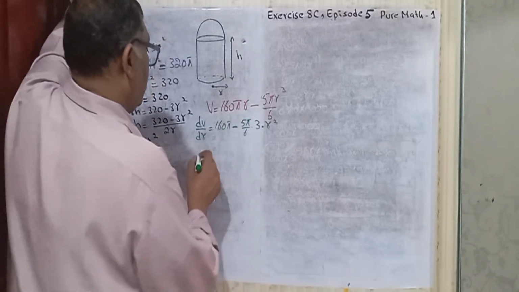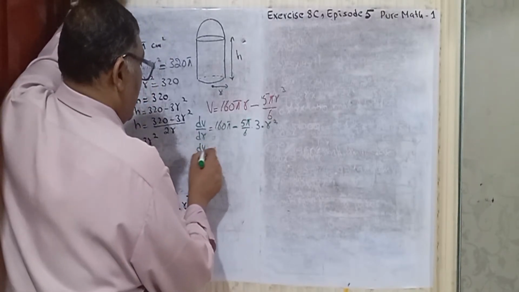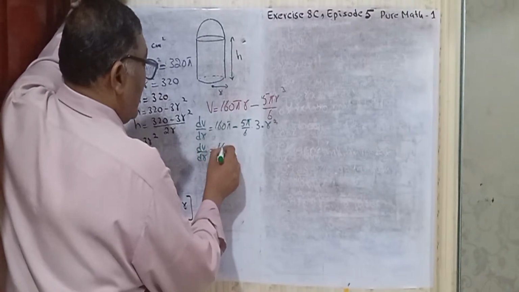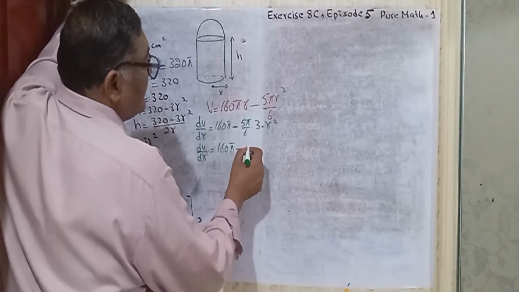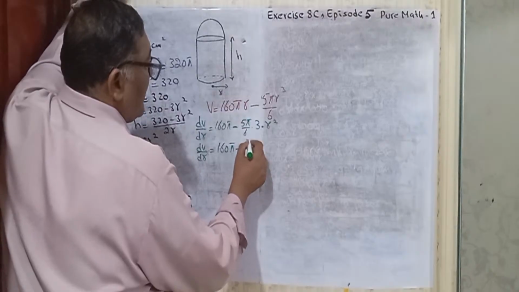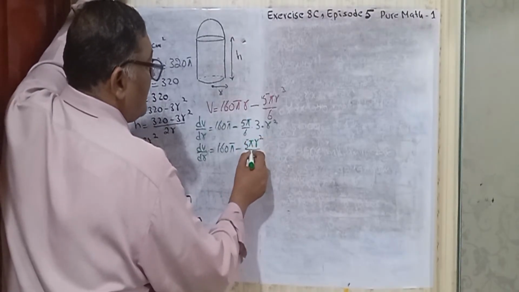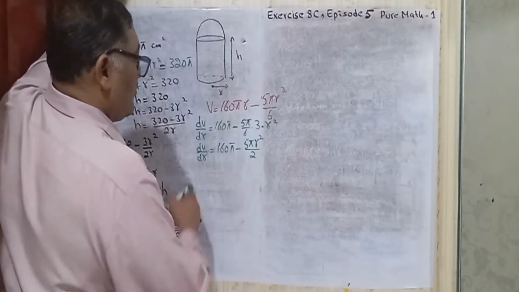So dV by dr equals 160 pi minus 5 pi r square divided by 2. This is my derivative.